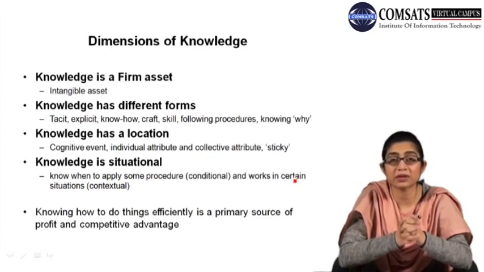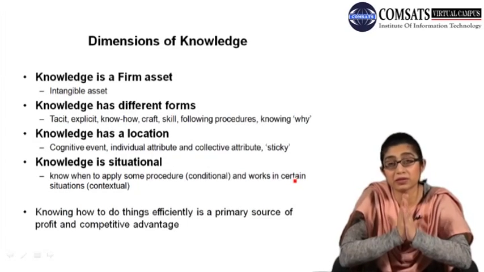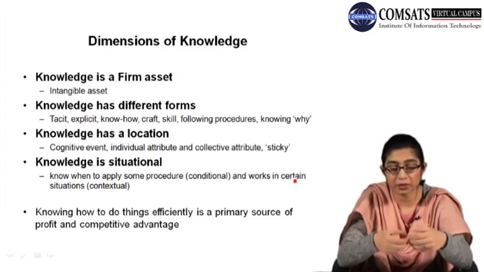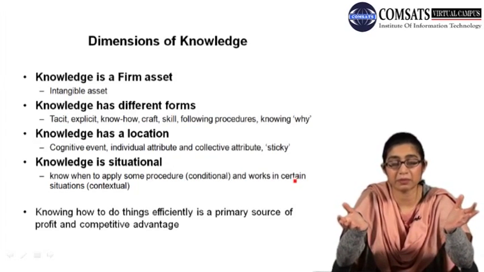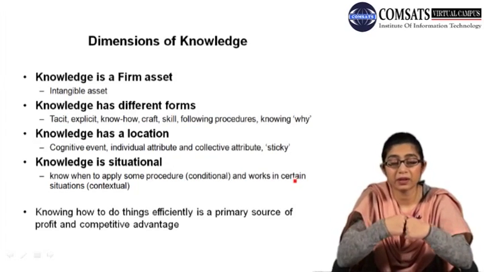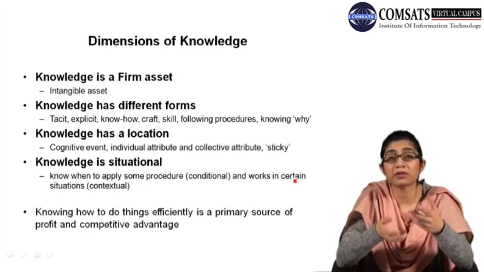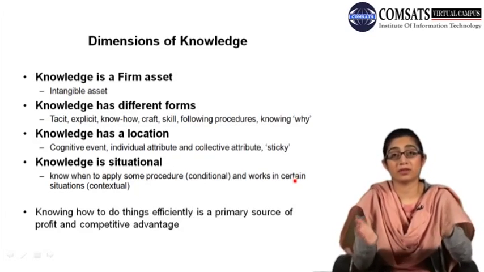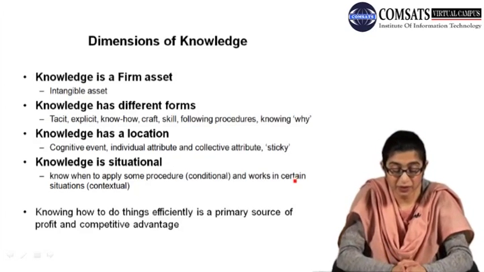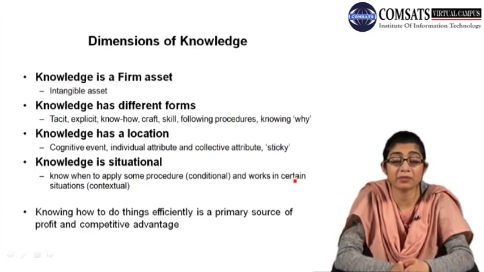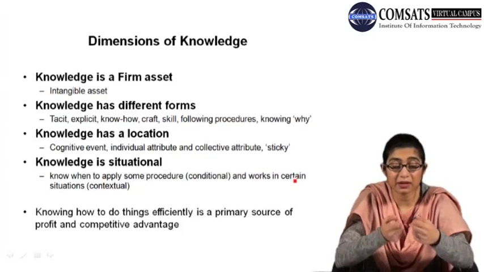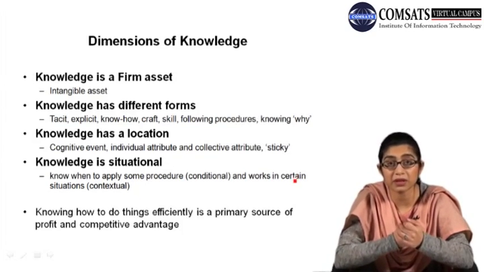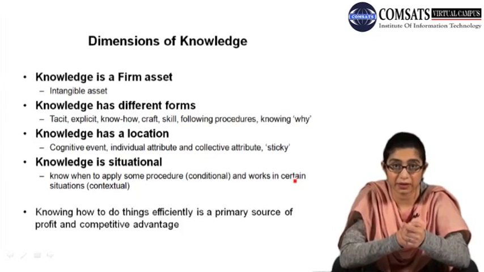Right, to understand knowledge further, we'll have a look at the dimensions of knowledge, which are going to give you a wider perspective of what knowledge is when you talk about knowledge in an organization. So when we say knowledge is a firm asset, that means it is something of importance to the organization, and it is an intangible asset.